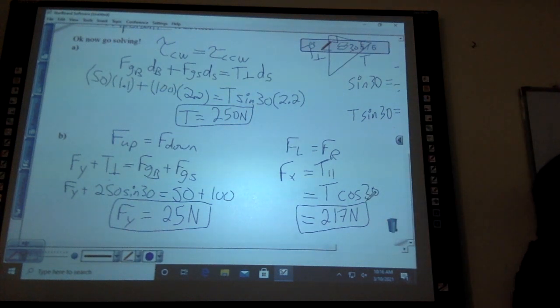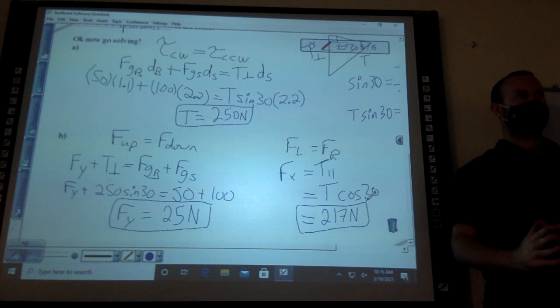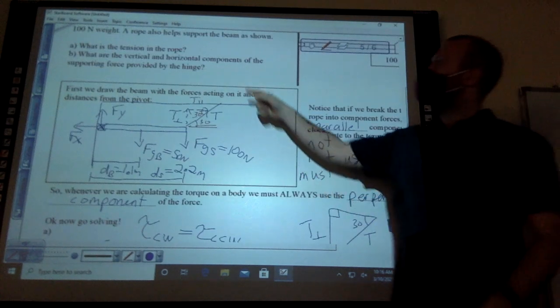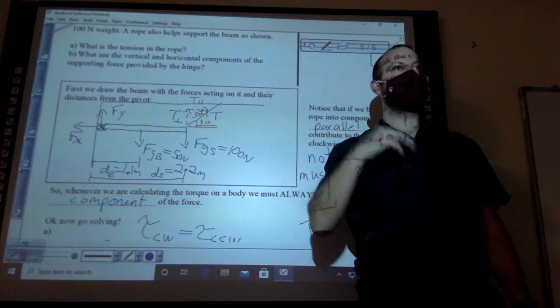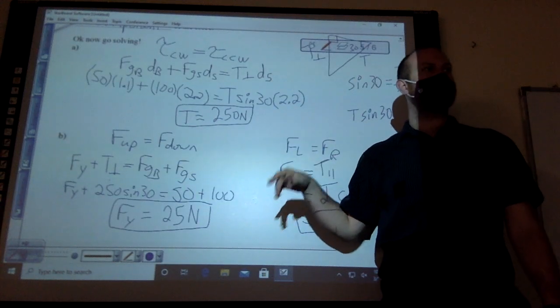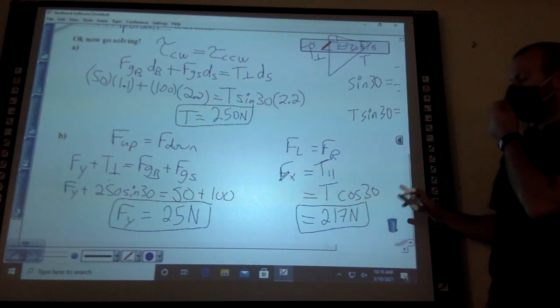So notice with this, it did not ask for what's the total force by the wall. It asked for the components. Exactly. So just be aware, if this says, what is the force on the hinge? It wants the total. Which means, take this, Pythagoras, figure out the angle. That one you're pretty good with.